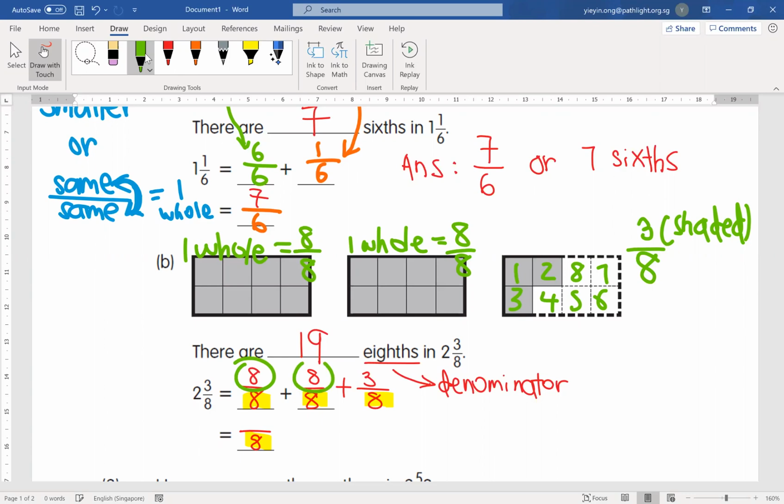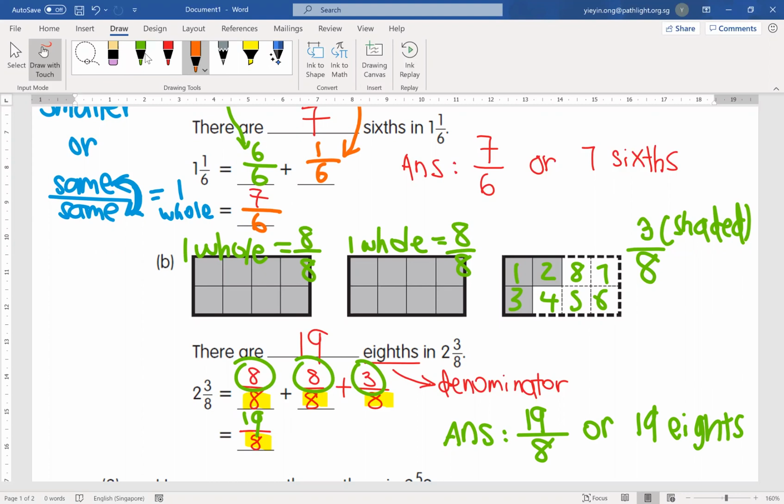So 8 plus 8 plus 3: 8 plus 8 is 16. 16 plus 3 is 19. Okay, so our answer can be 19 out of 8 or 19 eighths. Okay, so you can see clearly that this 19 represents the numerator, while the eighths spelled out represents the denominator.